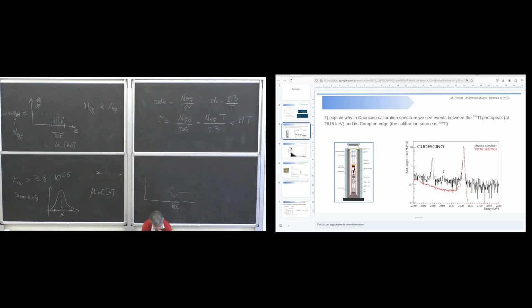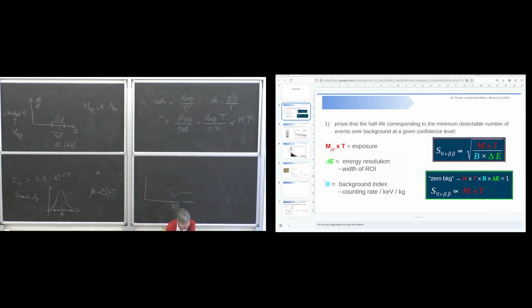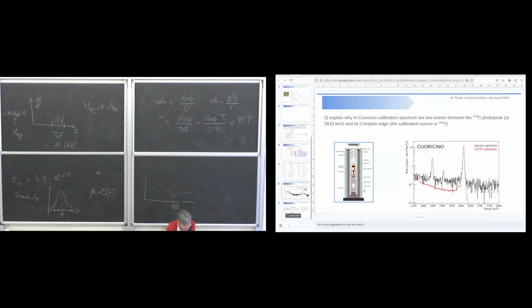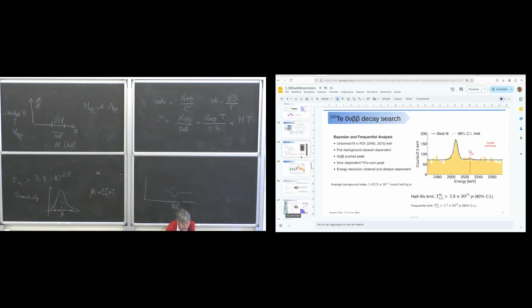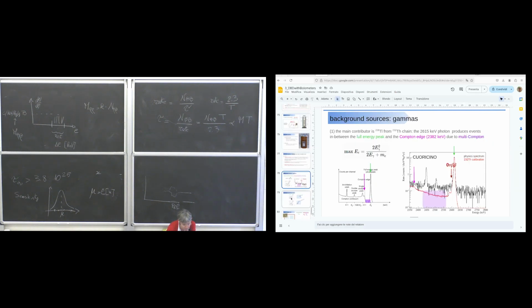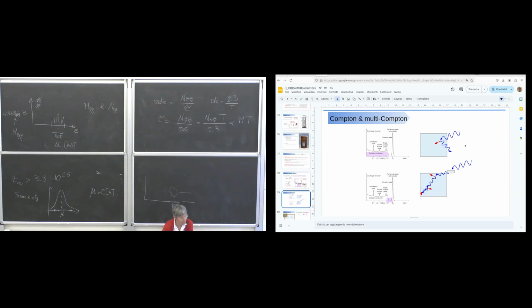Okay? I think I also tried to draw it, but I don't remember if it is here. So it's something like this. In one case, you have a Compton, therefore the photon interacts in the crystal and then is scattered back, and you just have some event in here.